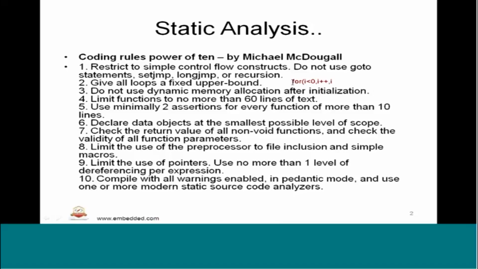It will never end. i should end with some 10 or 100, whatever it is, and better to avoid any expressions, such as some constant value or constant expression. So this will definitely lead to an upper bound, and the upper bound has to be used in for loops or while loops.